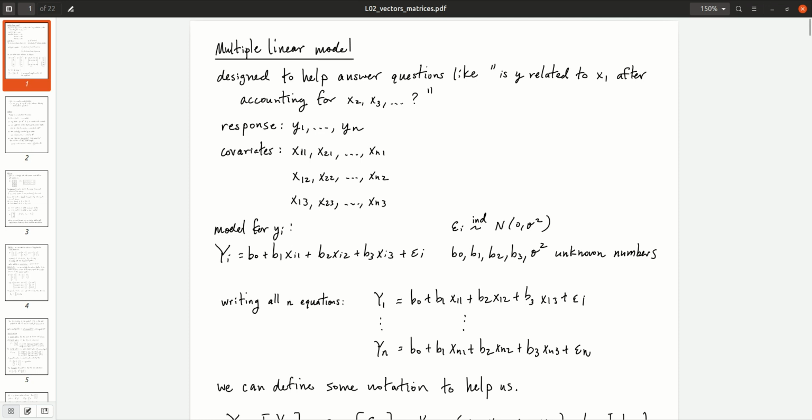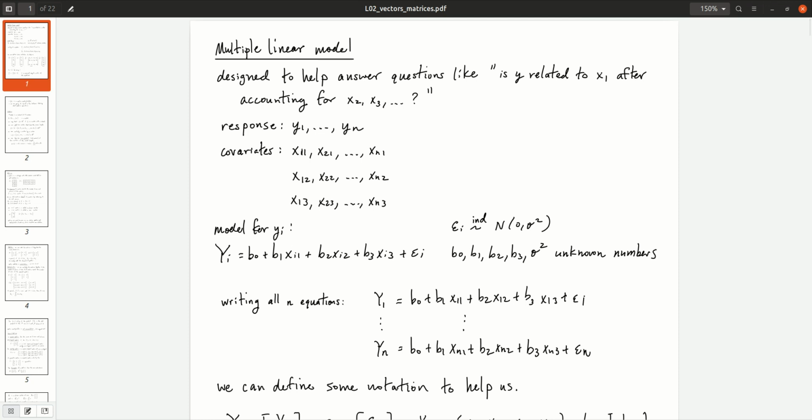And then for each subject, we have 3 covariates. So we'll label them x. The first covariate is x11 for the first subject, x21 for the second subject, all the way up to xn1 for the nth subject. And then likewise for the second covariate, we have x12, x22 up to xn2. For the third covariate, x13, x23 up to xn3.